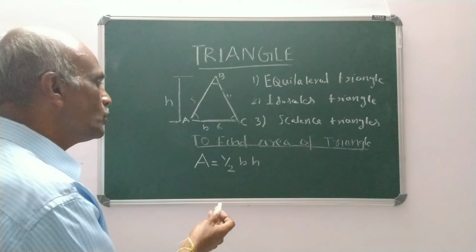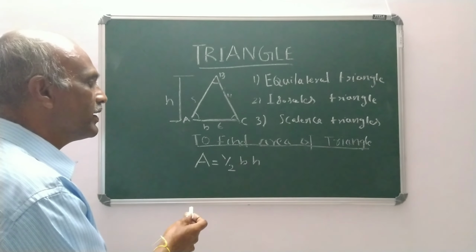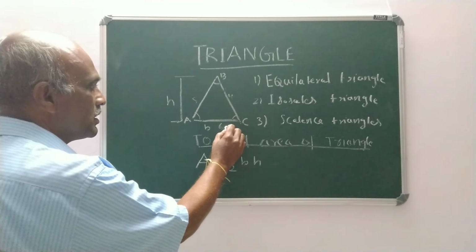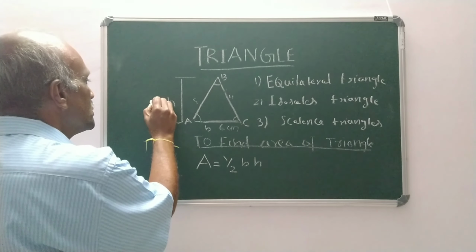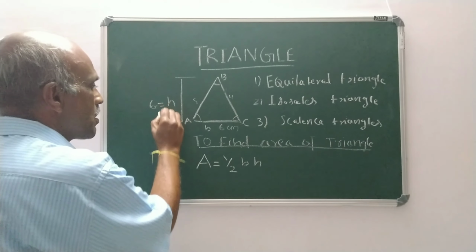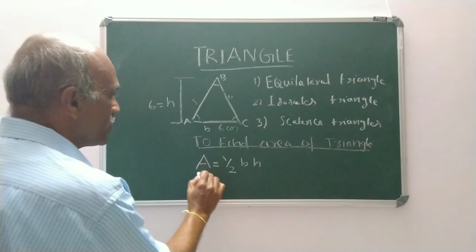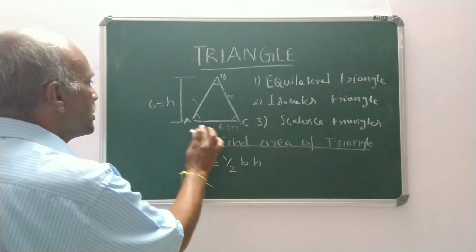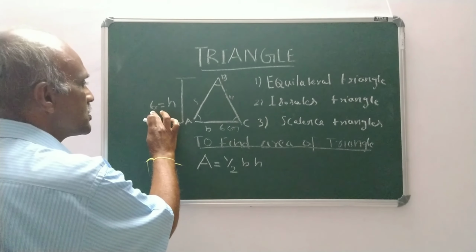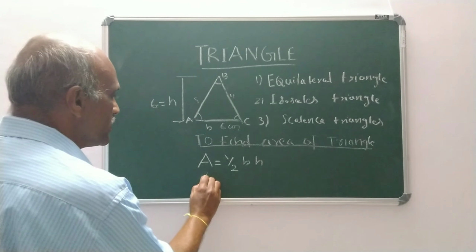Now I am going to find the area of a triangle. The base is 6 centimeters, and the height is 6 centimeters. So in such a case, when the base is given as 6 centimeters and the height is given as 6 centimeters, we can find the area.